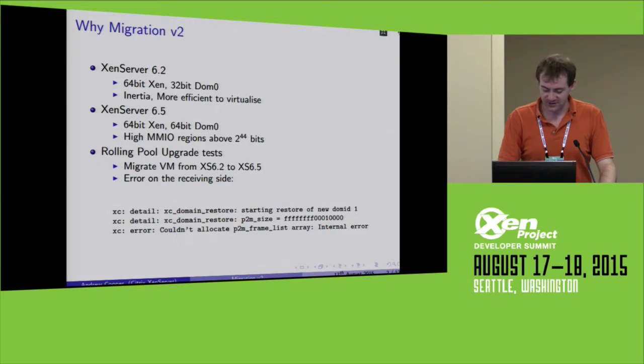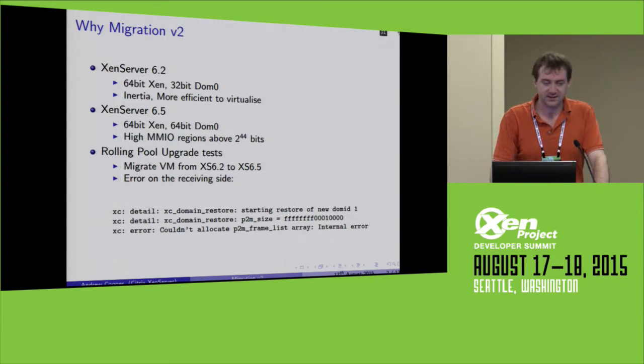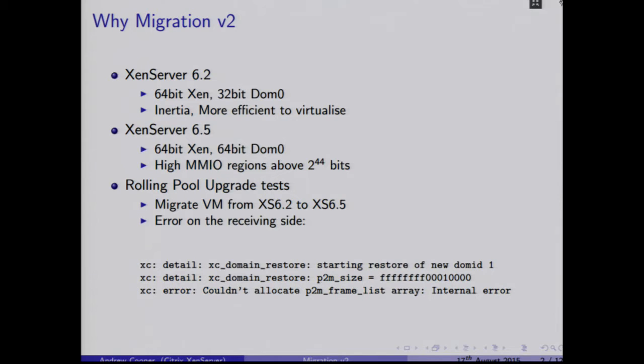We got a curious error that looked a little bit like this. Now, the middle line there, the P2M size, is the size of the virtual machine. You'll notice that's a little bit big. So we had to investigate.